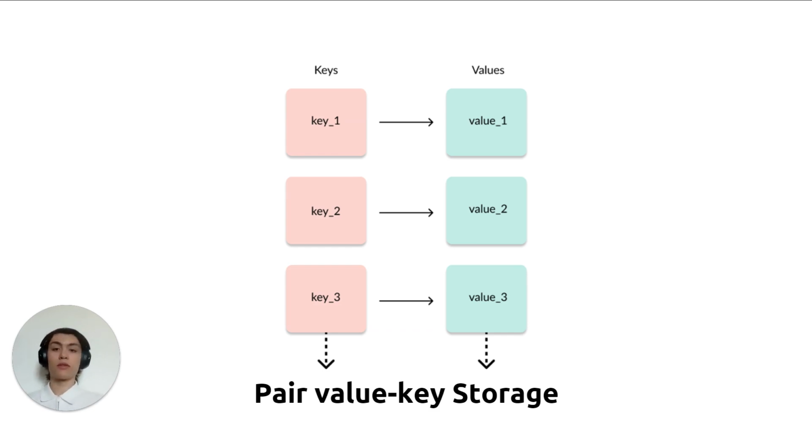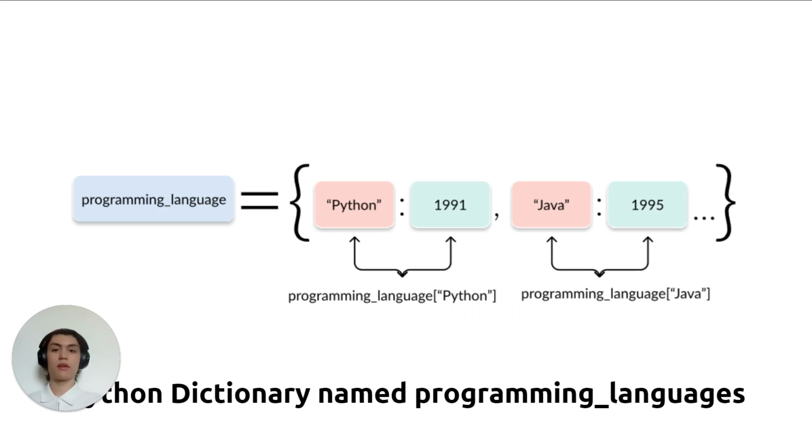We can create those as we need, associating keys with values. Here as an example, if I want to store all the years when programming languages have been released, the key is a string with the name of the programming language, and the value is the date. Often keys are unique, while values can vary and can be the same.